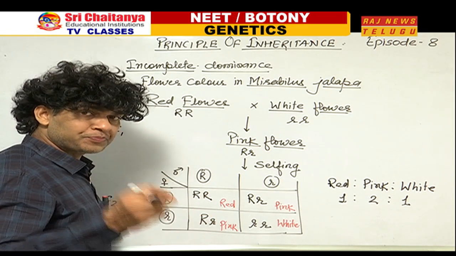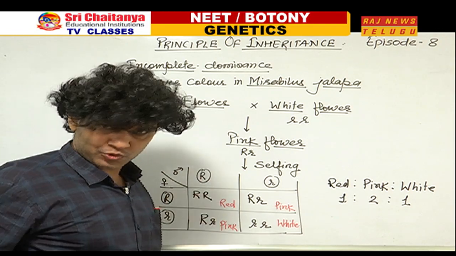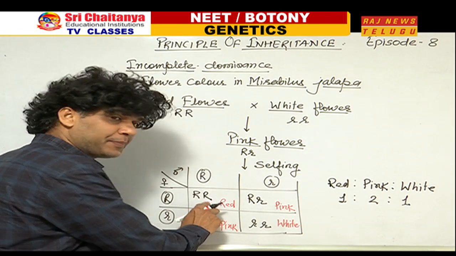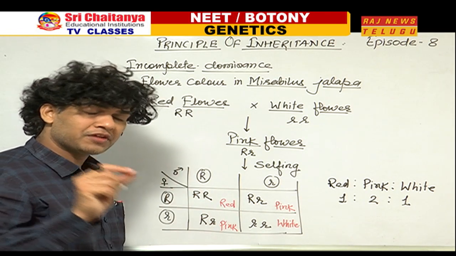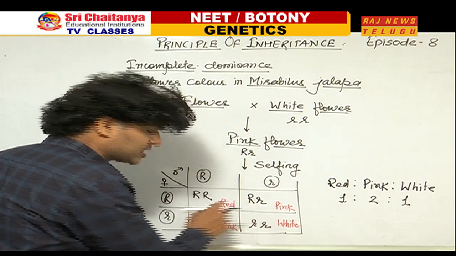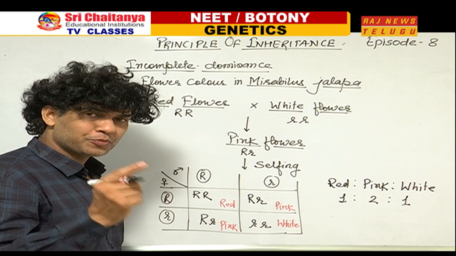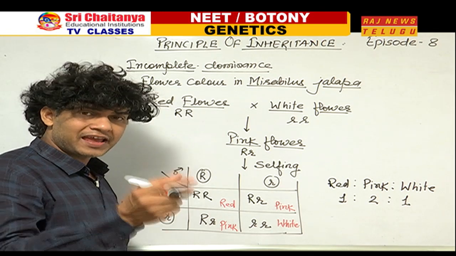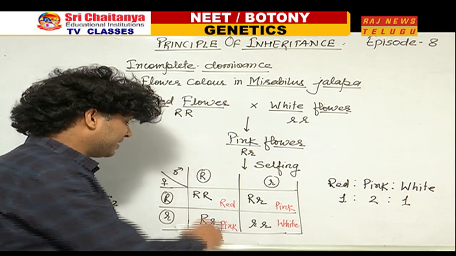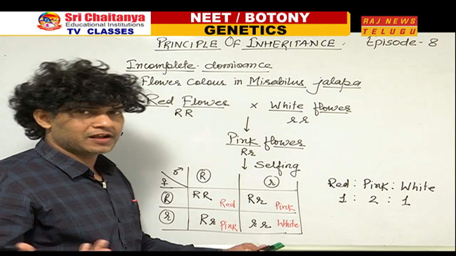Suppose the pigment required for flower color arises in X amount. If X amount of pigment arises from capital R capital R, the color of the flower would be red. In capital R small r condition, the number of R is 1 instead of 2, so the amount of pigment would be half, X by 2. Because X by 2 pigment arises, the color would be comparatively less than red. So the color appears pink.